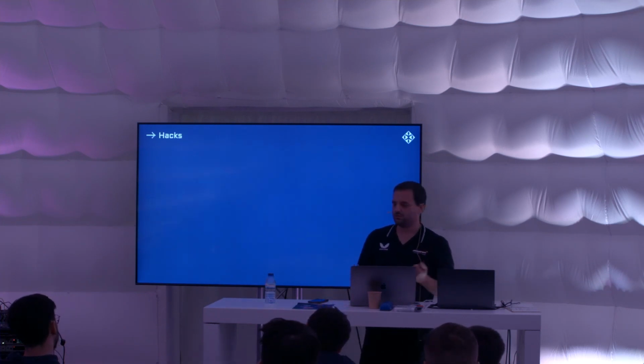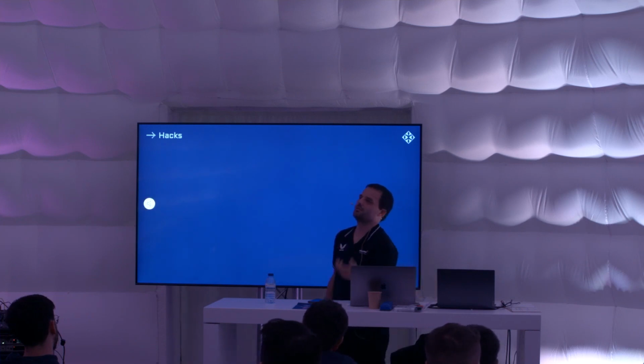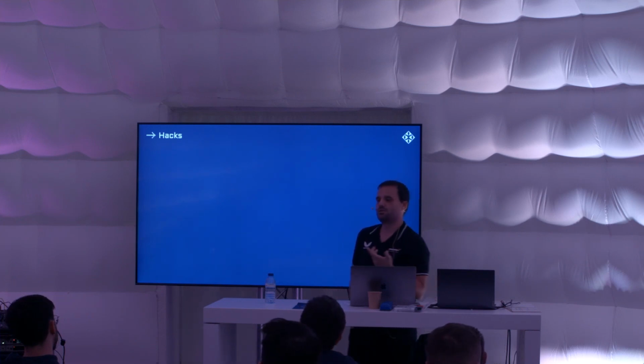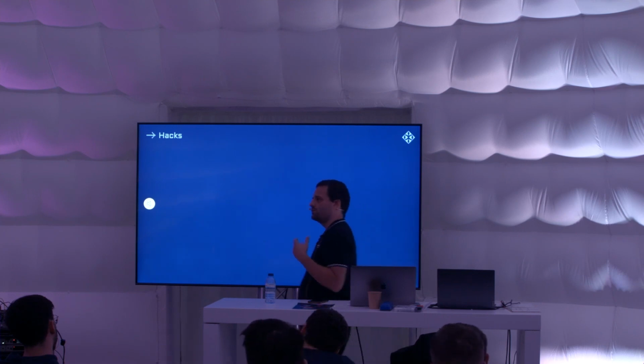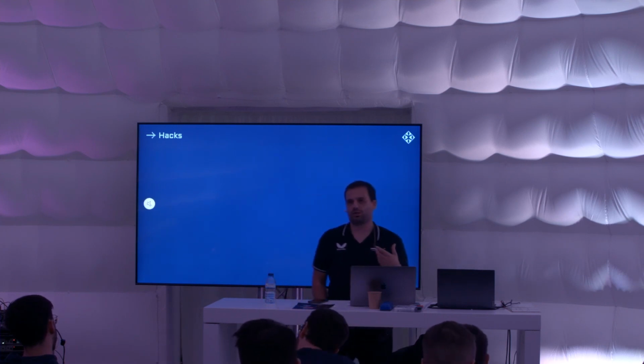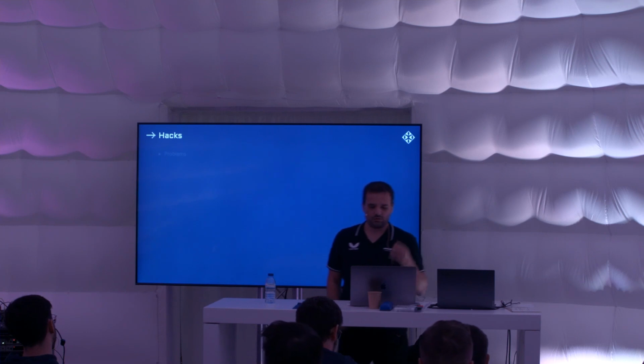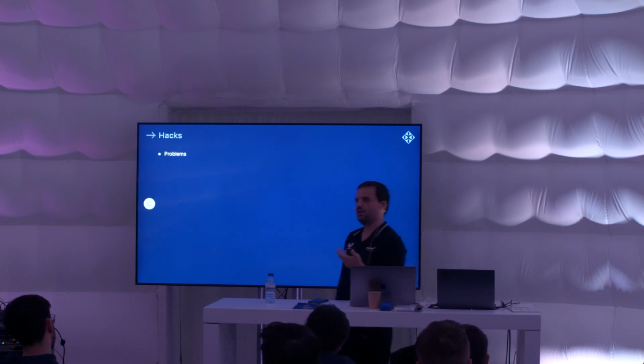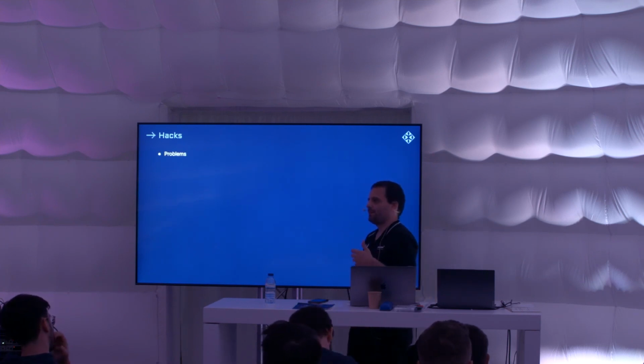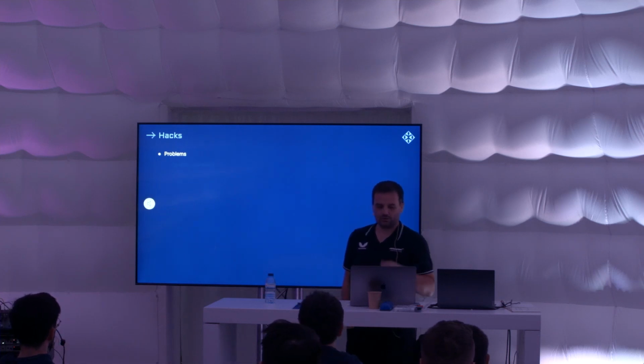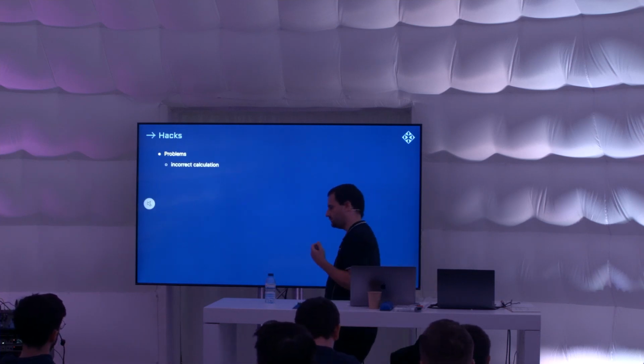So let's have a look at several hacks, or root causes, which can be the problem and can get exploited. What can be some problems which you might encounter in AMMs? Incorrect calculation.